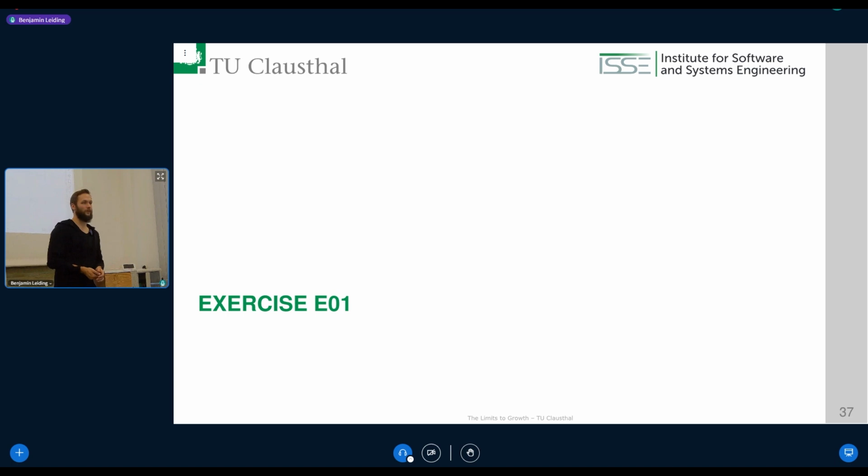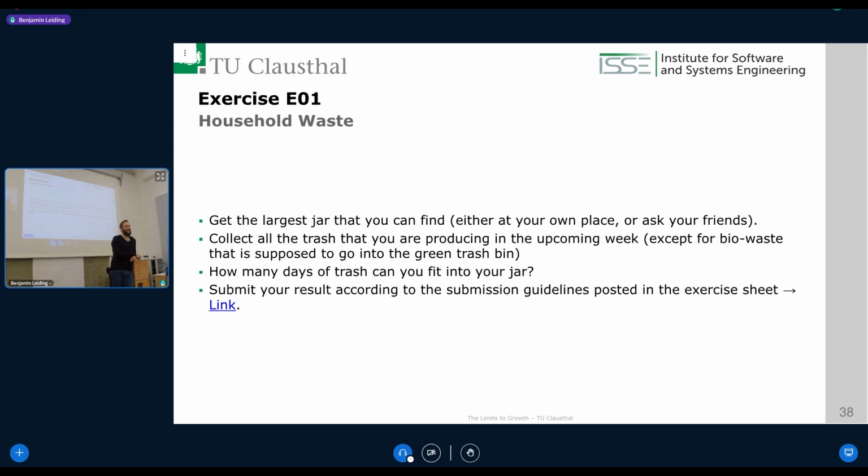The only thing left to do for this week is now exercise number 1. It's probably a little bit different than the exercises you might have in your other courses because it's a little bit more practical. I can see already someone nodding, so someone already checked the exercise. What I would like you to do: get the largest jar that you have in your household, or a container, but a jar would be nice.